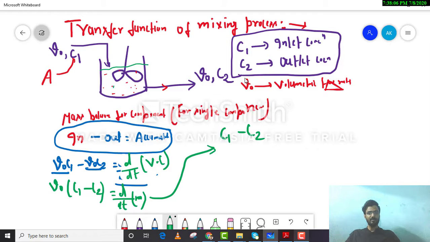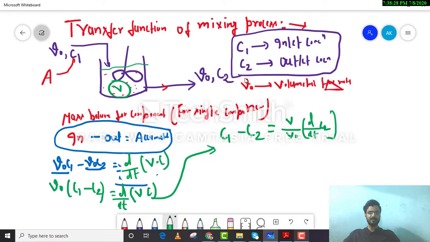So this V will be the volume of the mixing tank. Now, if you take V naught common, then you can write V upon V naught of d upon dt of C2. Why C2?